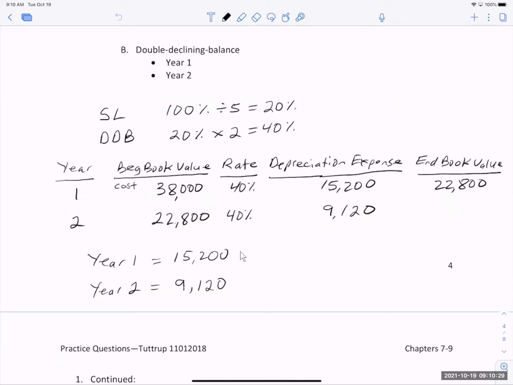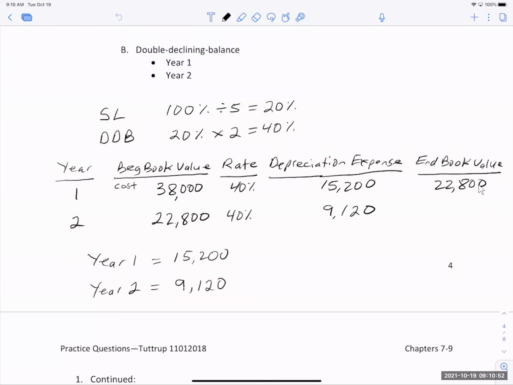Okay, so we depreciated 15,200. To get the ending book value of year 1, we take 38,000 minus 15,200, which is the amount of depreciation. So we end up with a book value at the end of year 1 of 22,800.